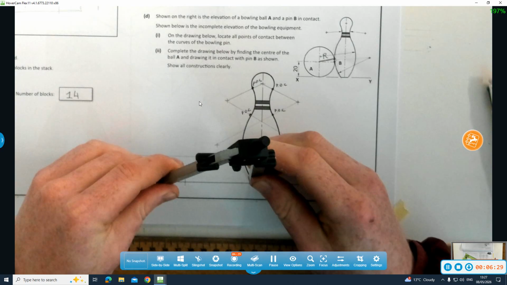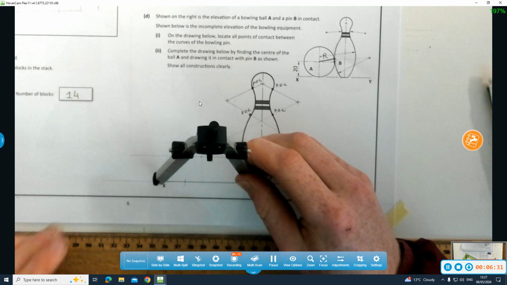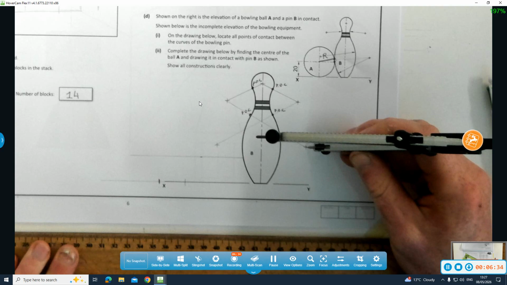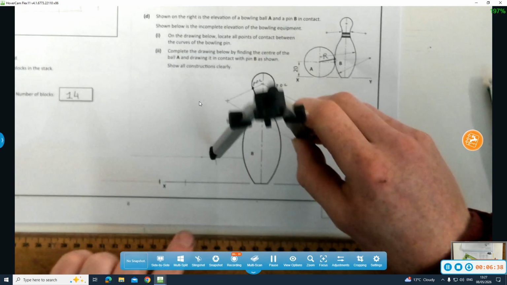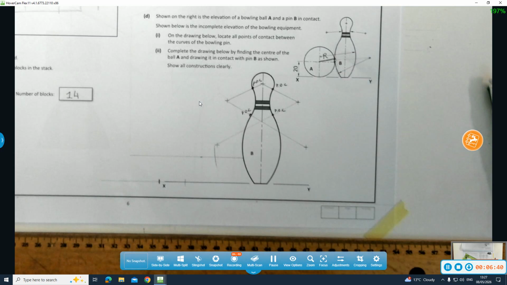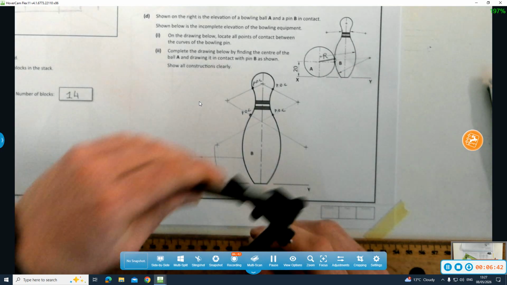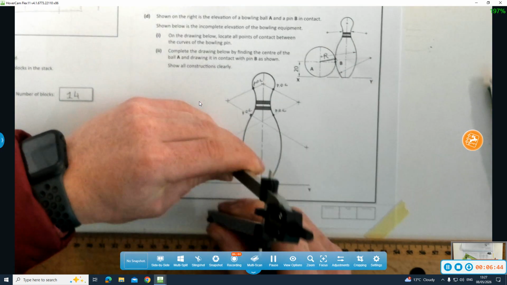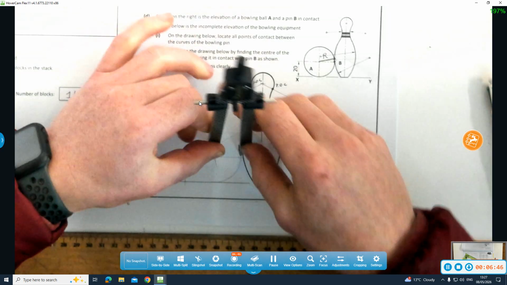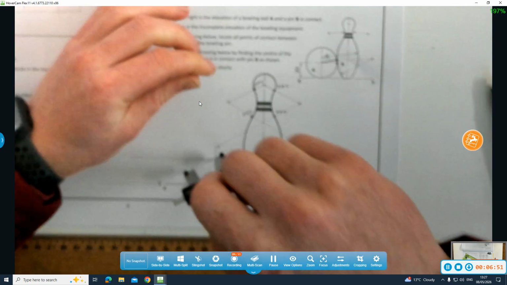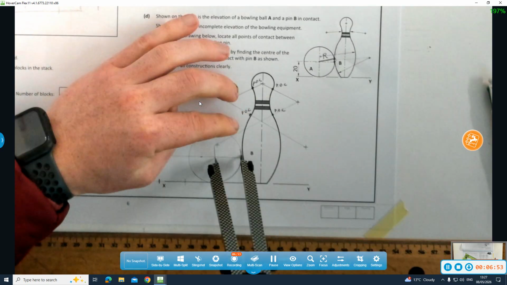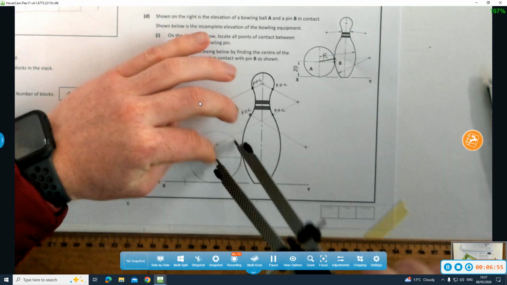So I can get that now on my compass. We put the point of the compass on this centre and swing it until it crosses that 20 millimetre line we drew. Now we can get 20 millimetres on our compass, and we can draw in our circle.